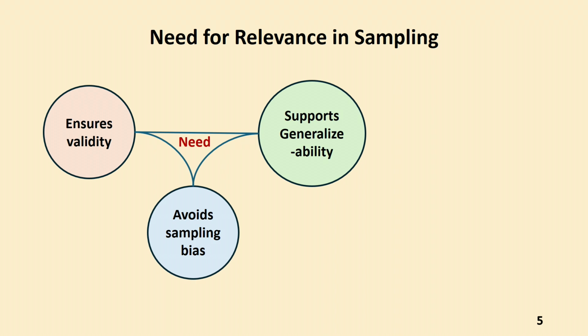And when you are going for sampling, definitely you have some aspect to generalize something, because it supports generalizability. And last is avoiding sampling bias. Any kind of sampling bias can be avoided by using appropriate sampling in a research.